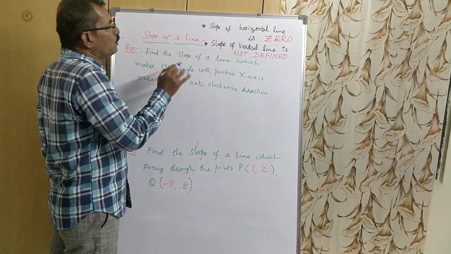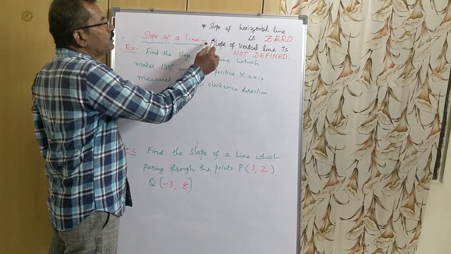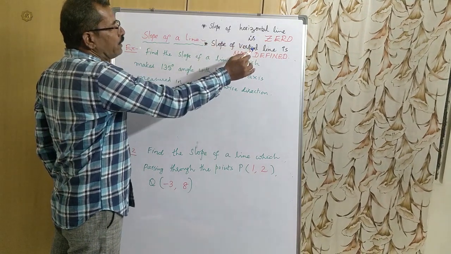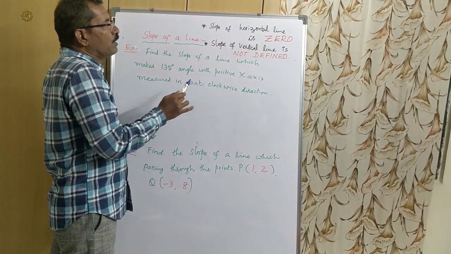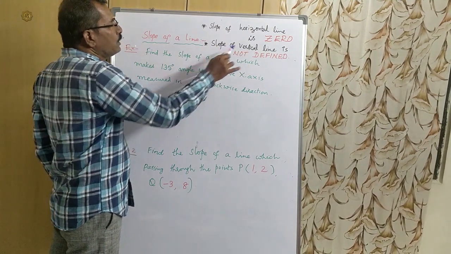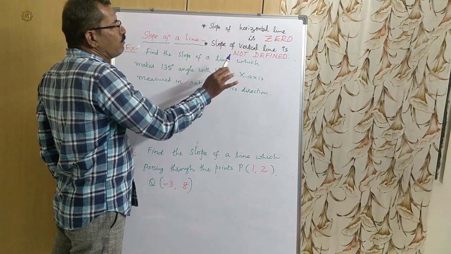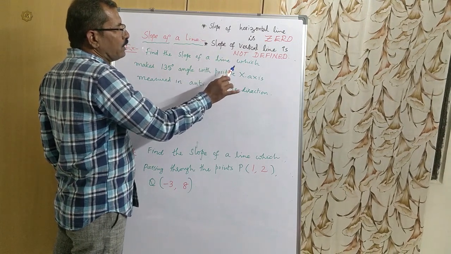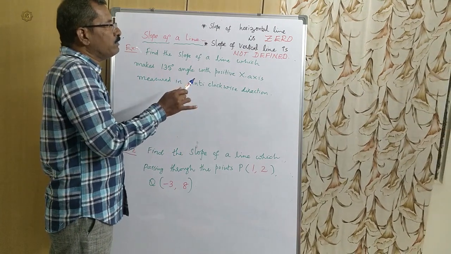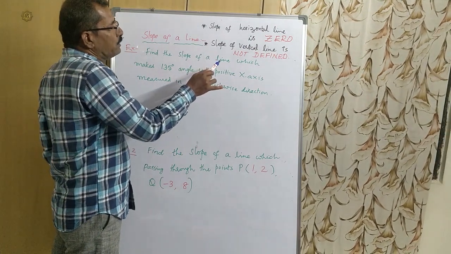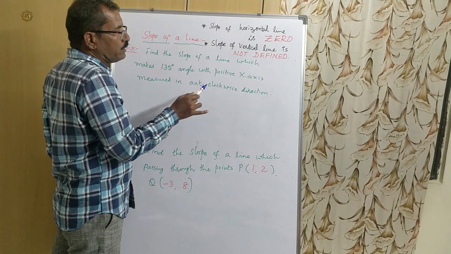Also observe that the slope of the horizontal line, that is the x-axis, is 0, because y is equal to 0. The slope of the vertical line, x is equal to 0, is not defined. Why? Because the angle between the vertical line and the x-axis is 90 degrees, and tan 90 degrees is not defined.